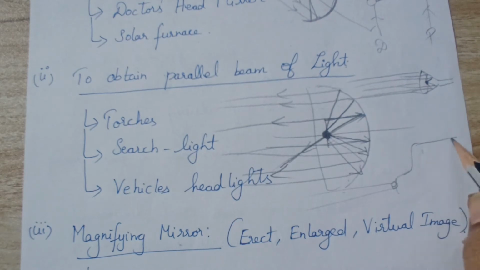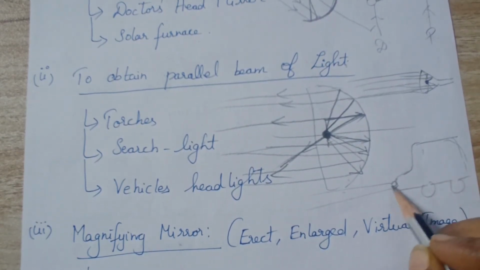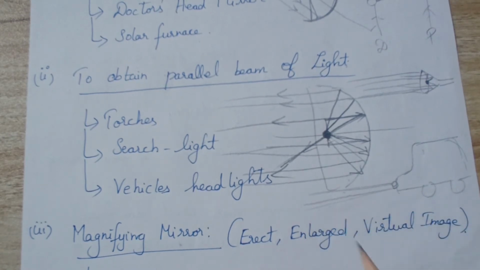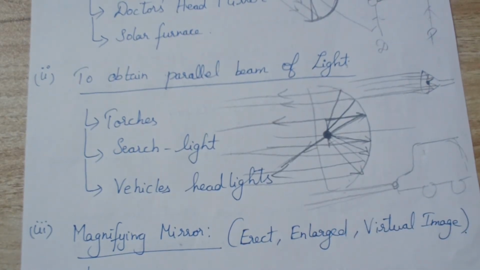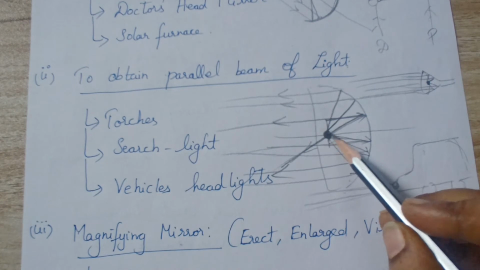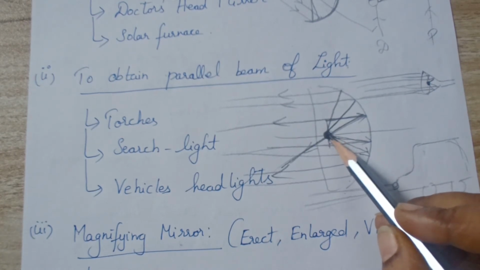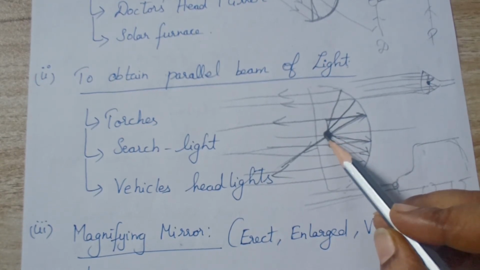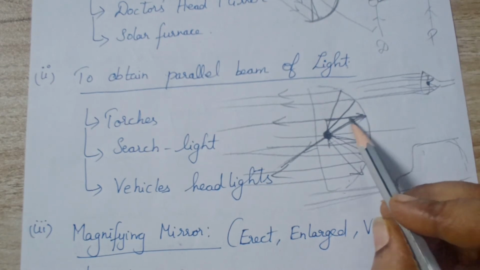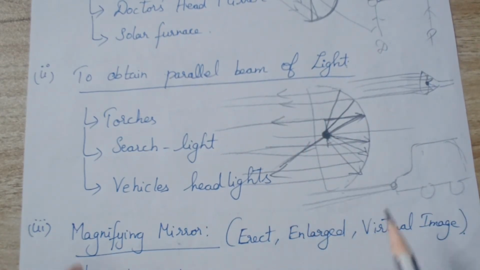When you are traveling at night, you can see that. You will get a parallel beam of light. Same principle. Your light source is present at the focus point, so it will strike the mirror and reflect back parallel to the principal axis, so that you will get a parallel beam of light.